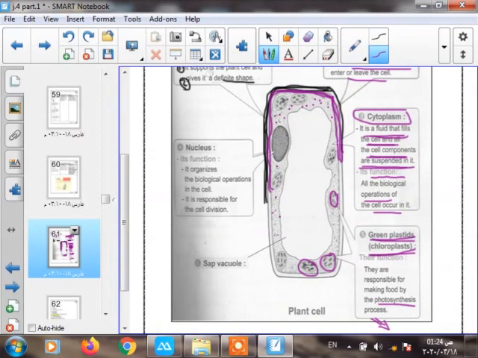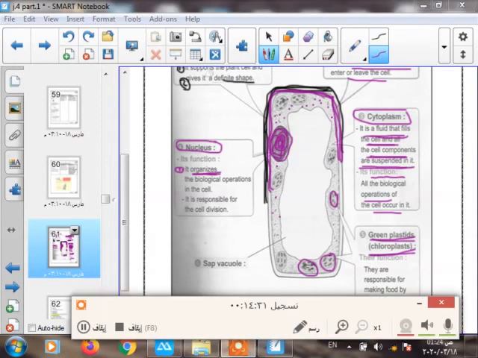And now we have this one called the nucleus. What is the nucleus function? It has two functions. Number one, it's the organizer.